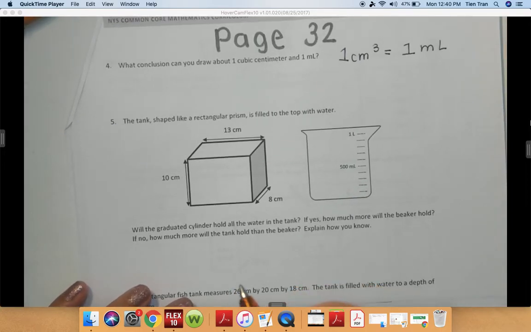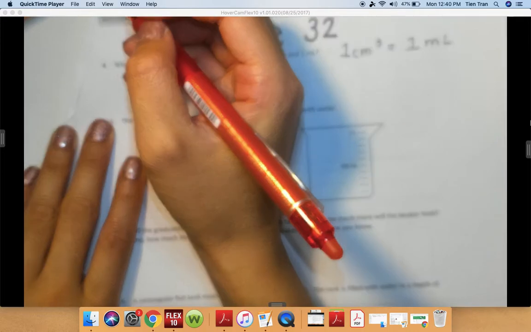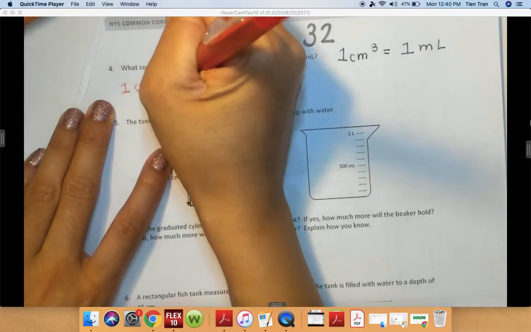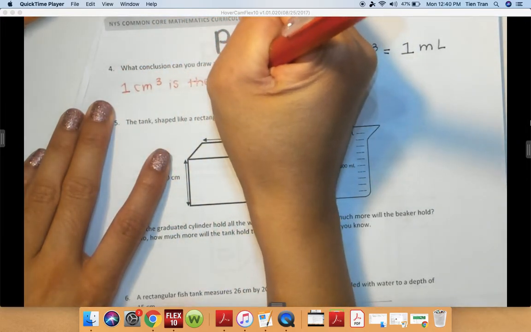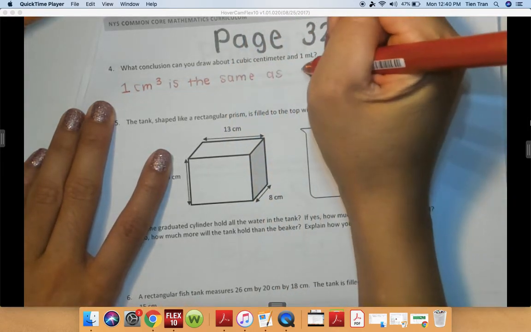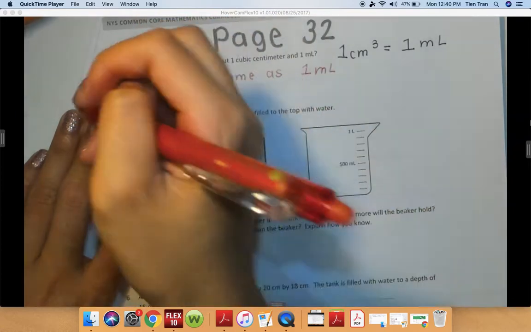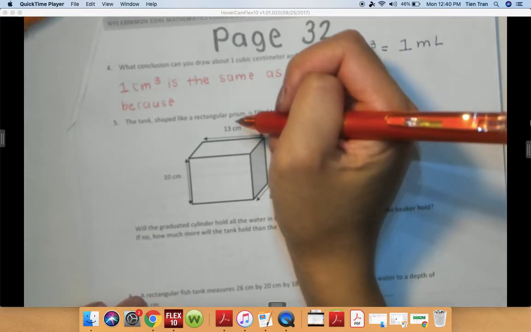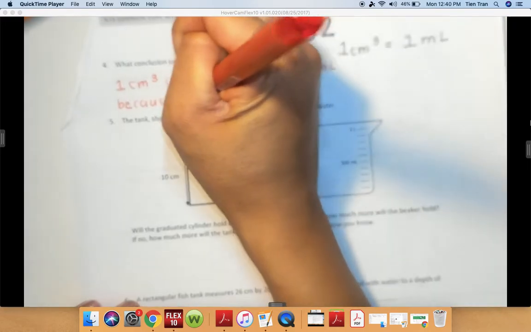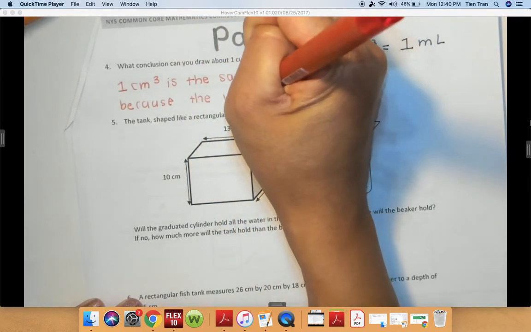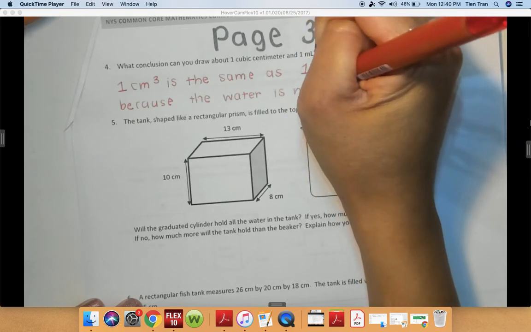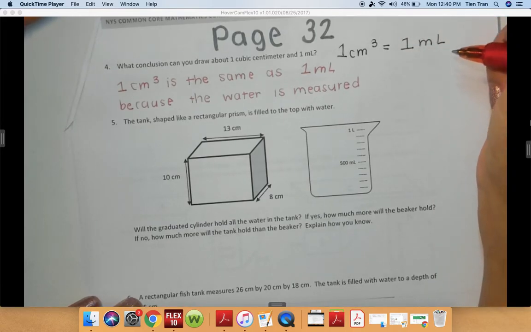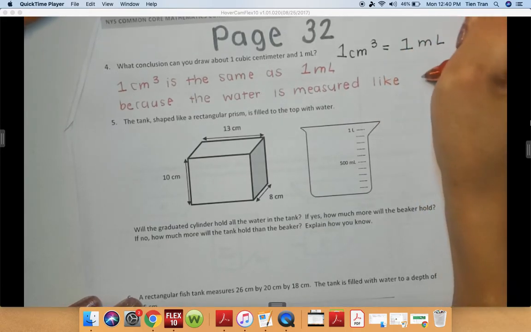I'm going to write down: 1 centimeter cube is the same as 1 milliliter because the water is measured like volume.